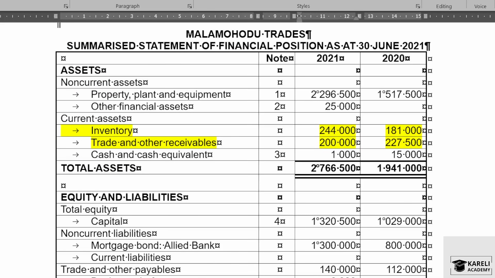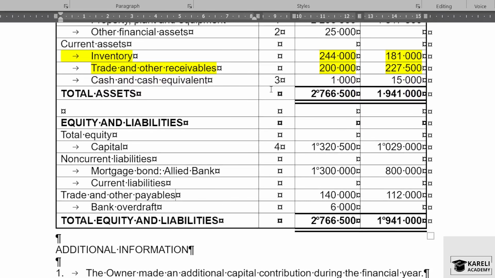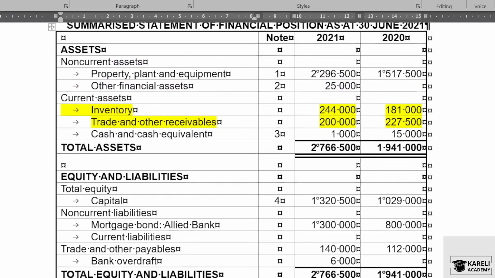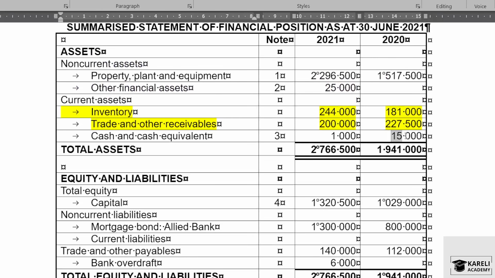Always bear in mind that we might have a bank overdraft. So you should always have that in mind. A bank overdraft is subtracted. Right? Therefore, here is our cash and cash equivalents. We start first with 2020, that is at the beginning of the year. Here it is. It's 15,000.